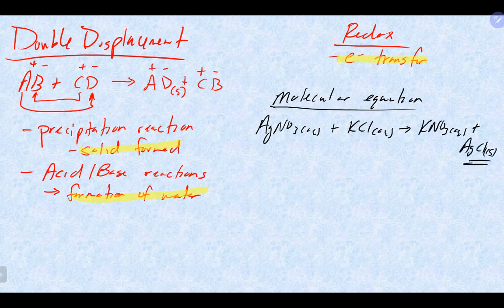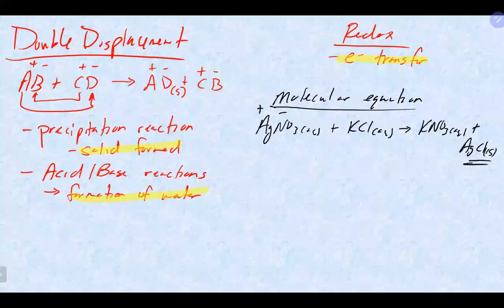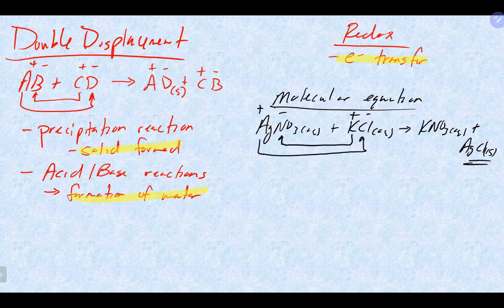And here, this guy being a solid, this is a precipitation reaction, a double displacement reaction. Again, here, this is a positive, negative guy, and on the other side, the two positive guys switch partners to get there.